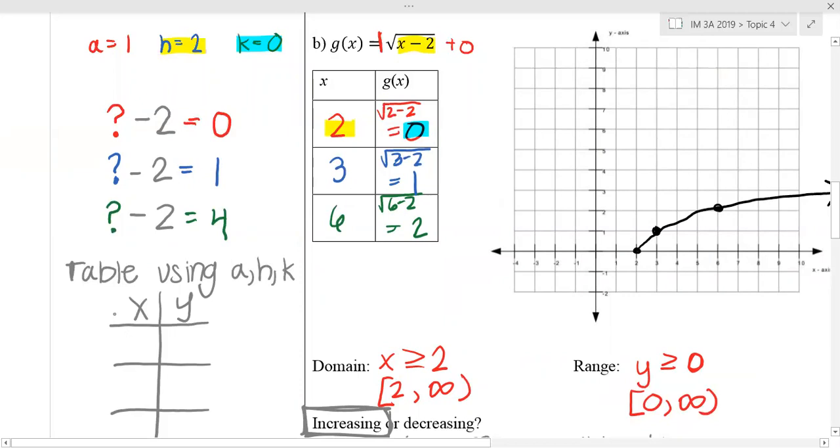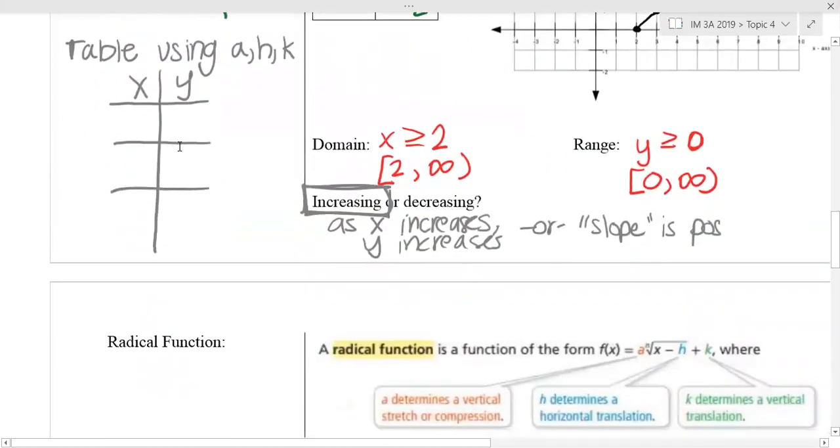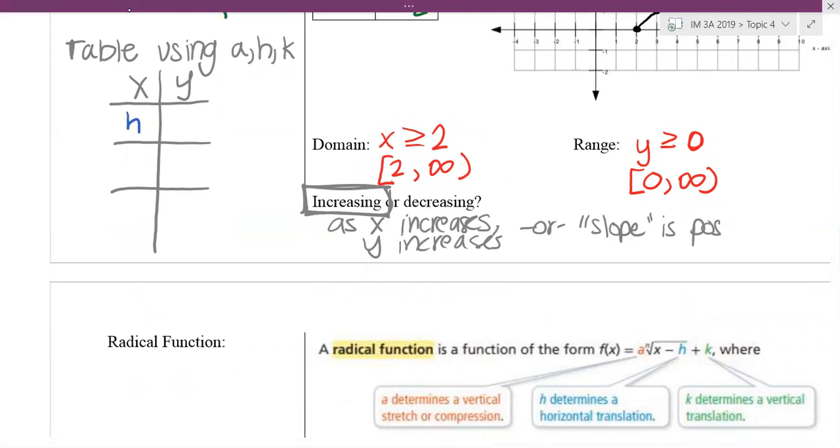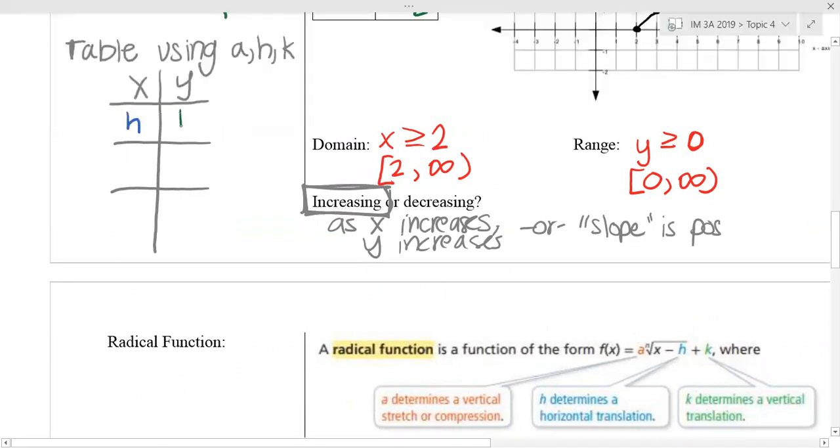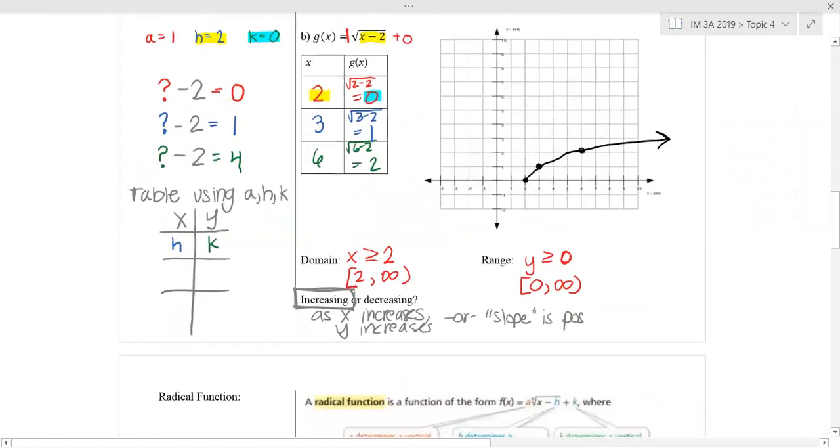So when I'm making my table, instead of thinking about it as what minus 2 equals 0 like we did in the problem, our table is always going to start at H for the X, and it's always going to start at K for the Y. So this is going to be true for every table that we make.